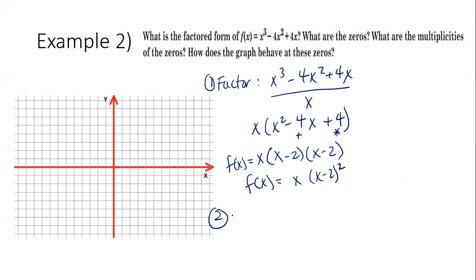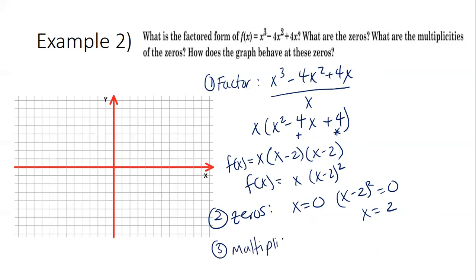Next it says, what are your zeros? My zeros: I have x equals 0, and I have x minus 2 squared equals 0, so that means x equals 2. What are the multiplicities? At x equals 0, it's just one time, right?